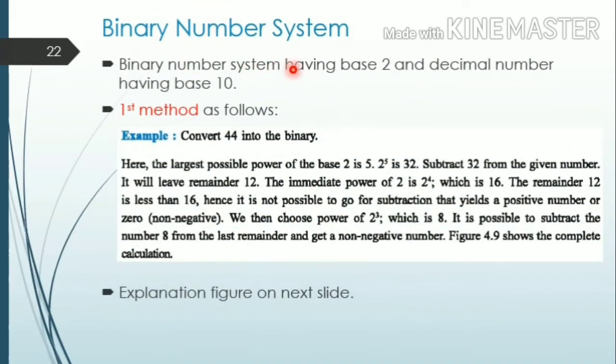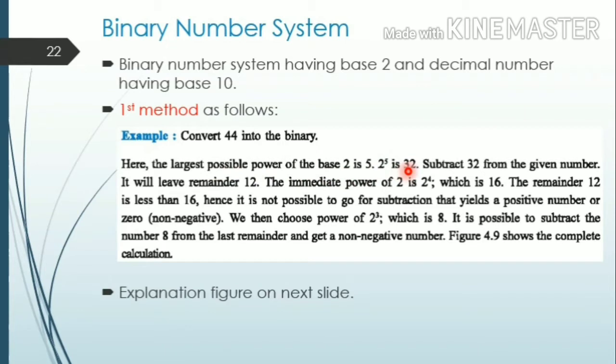Now the binary number system has base 2, as we discussed in the previous slide, and the decimal number system has base 10, because it is 0 to 9, that is 10. Now here is the first method we will apply. Suppose we convert the number 44 into binary. We take base 2, and if we raise 2 to the power 5, we get 32.